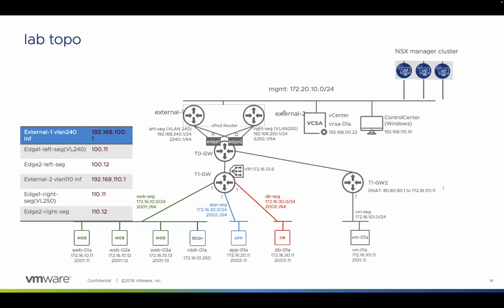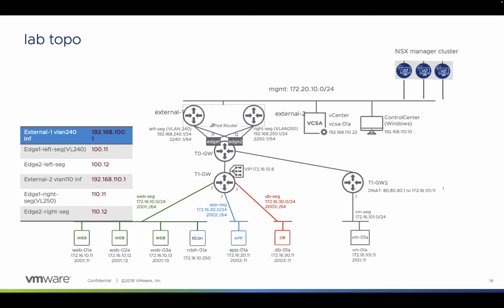Firstly, I want to give you the lab topology and guide you through the whole edge creation process and the steps. And also, you have to think about how to create your edge according to the customer needs or POC requirements. For example, here's a lab topology.